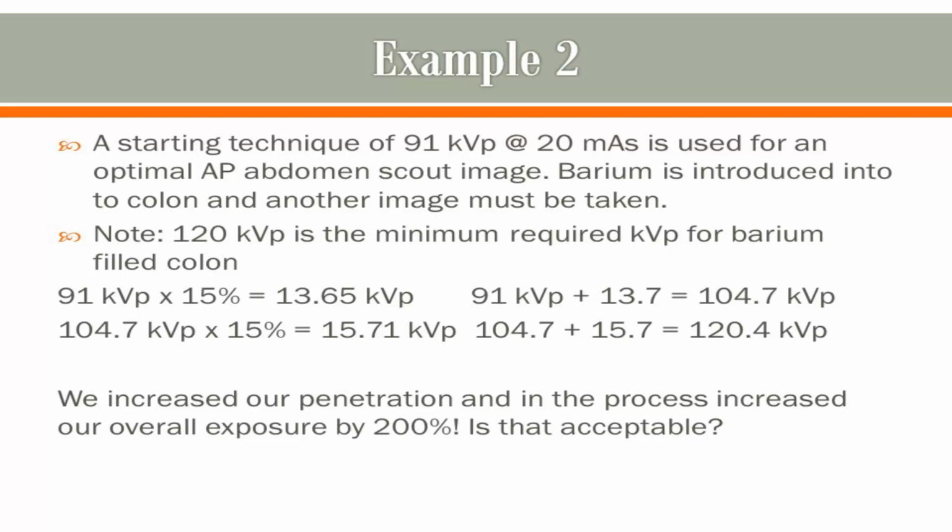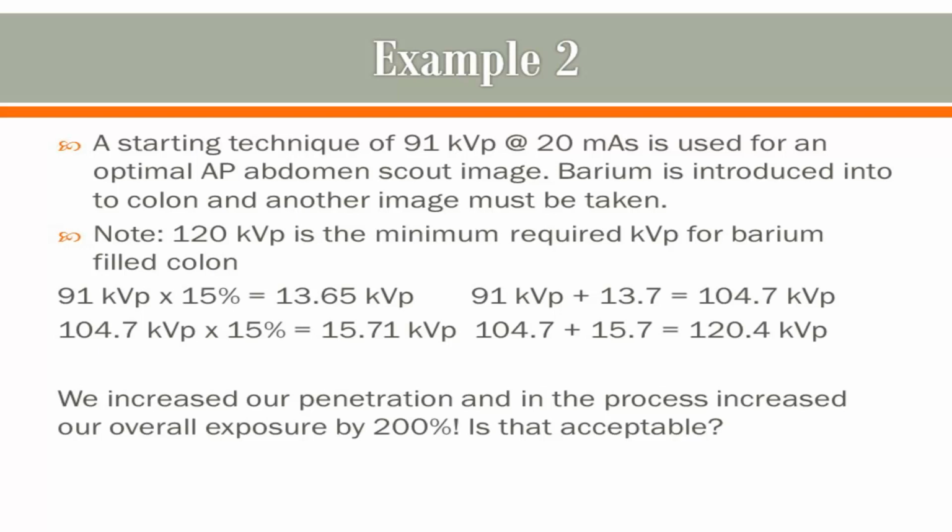This still isn't at the minimum kVp, so we need to repeat this process and take our new kVp of 104.7 and add 15% to get 120.4, rounded to 120 kVp. Note that I did not just add 30%, because that doesn't get you the same number. You have to do this process twice, adding 15% and then taking the resulting number and adding 15% again.